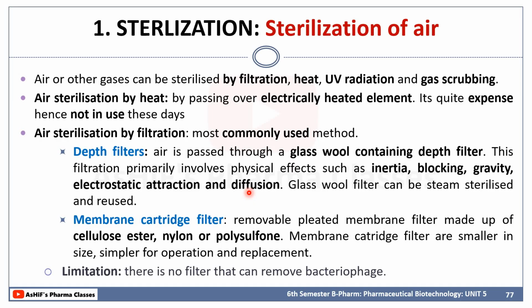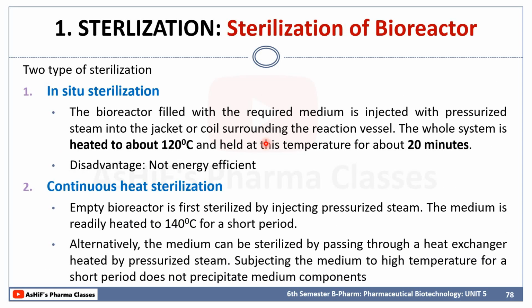So these are the different processes of depth filters. And membrane cartridge filters usually use a membrane filter made of cellulose esters, nylon, or polysulfone. So this is the method for sterilization of the air.